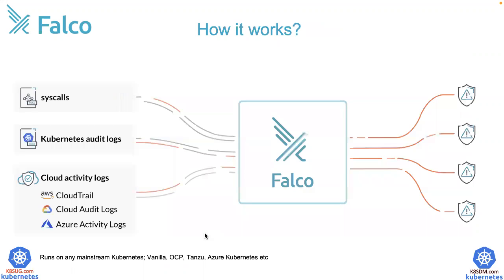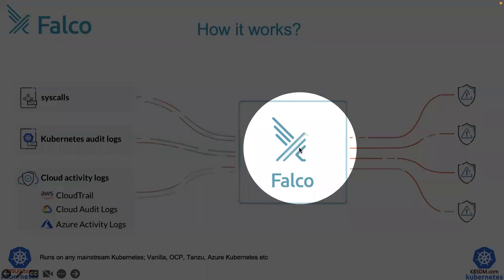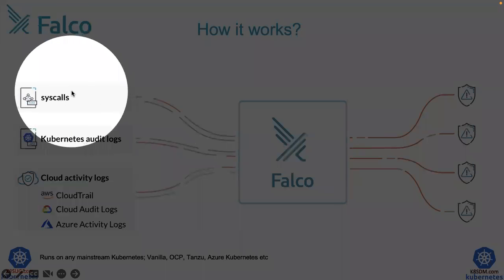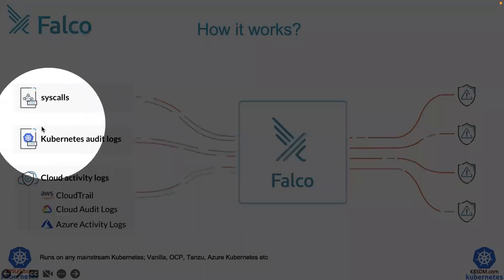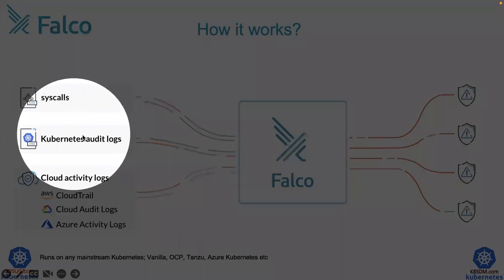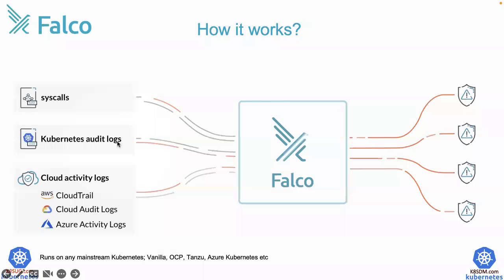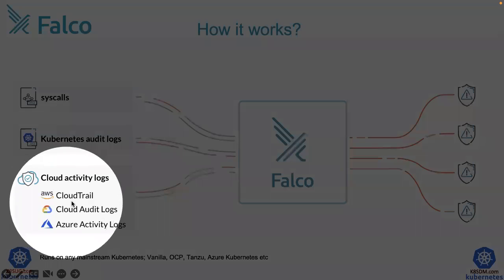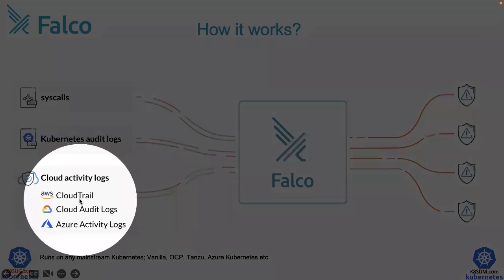So how does it work? This is a larger picture compared to the first one. You have a Falco engine running here. It talks to the Linux system via syscalls. For the Kubernetes integration, you need to enable the Kubernetes audit logs, so it reads all the Kubernetes audit logs to see if there are any problems. Different cloud providers have different integrations.